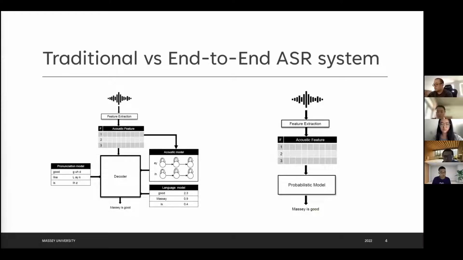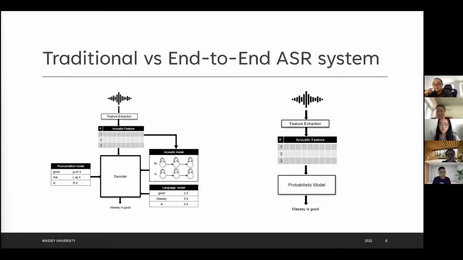The last component is a language model that says how likely it is that something is a correct sentence. If the sentence is well formed, then it most likely achieves better scores, as compared to a sentence which has some non-verbal communication in it. The overall goal in traditional systems was to combine all those components and then get the output for the audio.